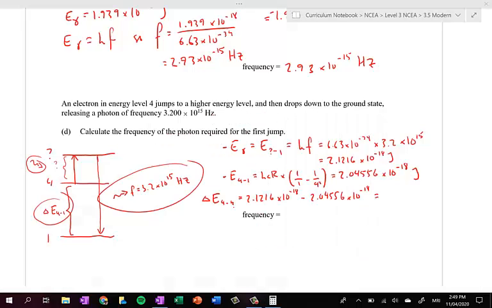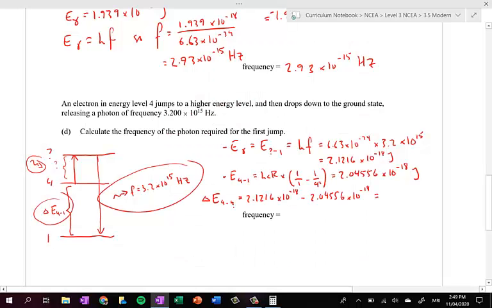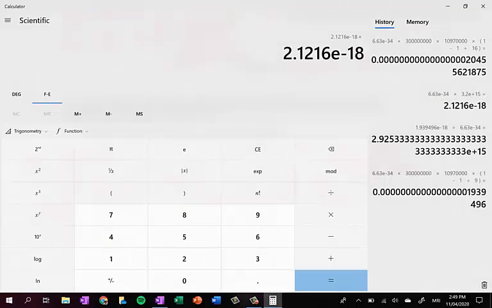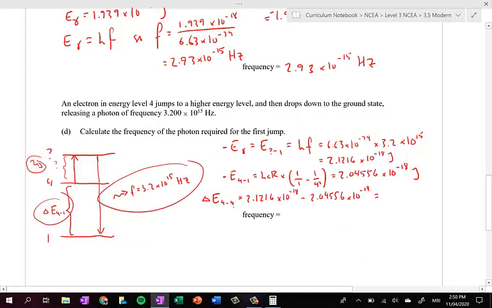That seems outrageously small. Oh, I did times, not minus. Let's try that again. Let's check those numbers once more.